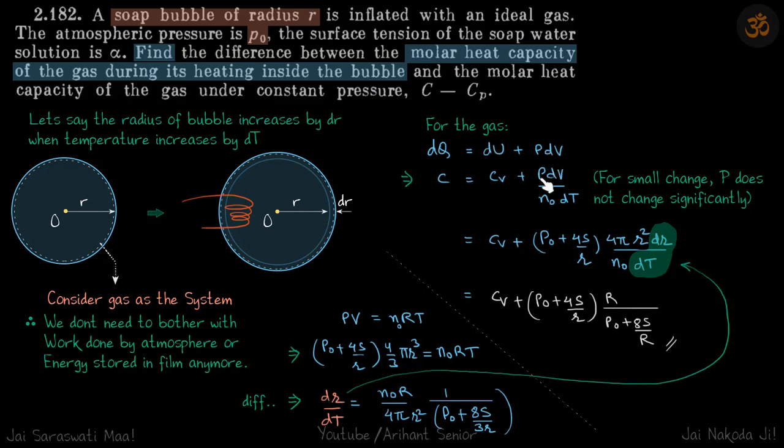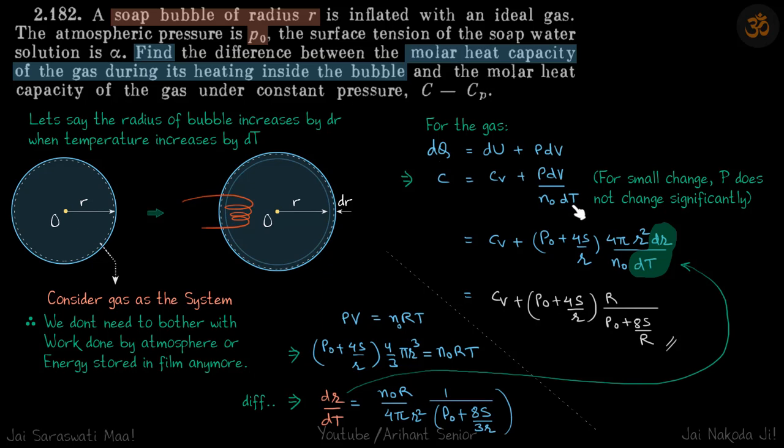Now pressure, volume, temperature, nothing is given to us. The only thing given to us is r. But you can write the pressure in terms of r, inside a bubble. You can write dV in terms of r, that will be 4πr² dr. And you have a term of dT.